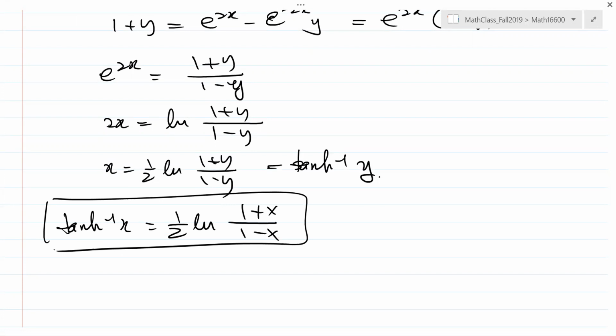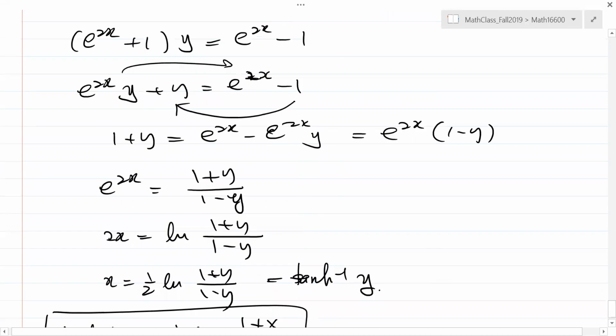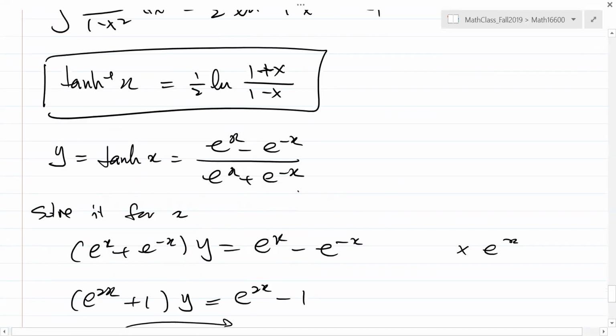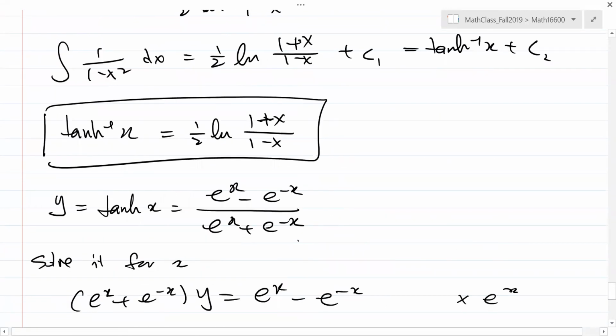No matter where you get in, and from there you do the computation, you will get other formulas. Compare this with the above identity. We already have one here. The inverse of hyperbolic tangent x is going to be half of natural log of 1 plus x over 1 minus x.